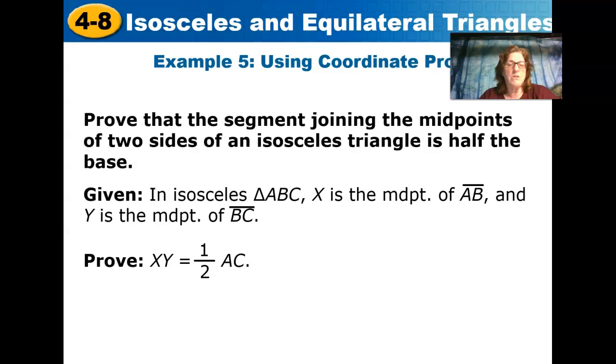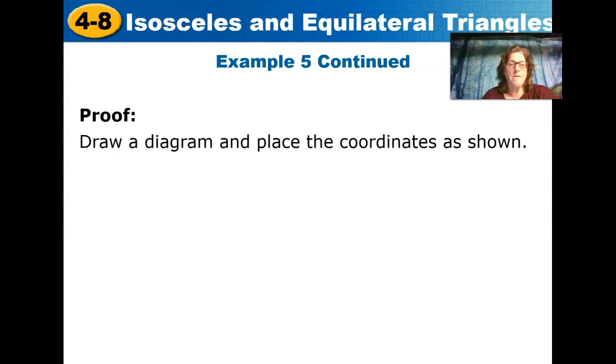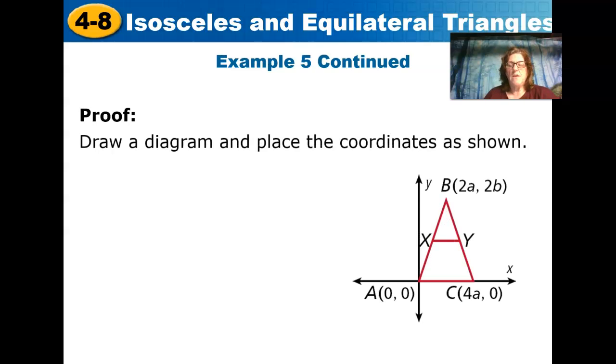We will actually be talking about this in the next chapter, but this gives us some justification of why it is indeed true. So we're going to do what's referred to as a coordinate proof. And here's the setup. If we draw it on a coordinate plane, if AC goes from (0, 0) to (4a, 0), what is the length of AC? I hope you all said 4a.